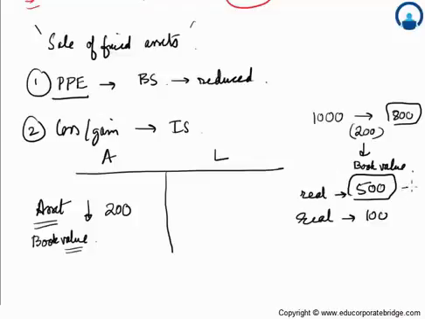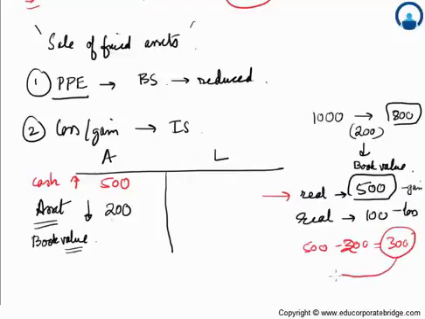Here in this case, this will be a gain. Here it will be a loss. So when we look at the asset side, our book value reduces by 200, but our cash goes up by 500. The difference between the two, 500 minus 200, is basically 300.